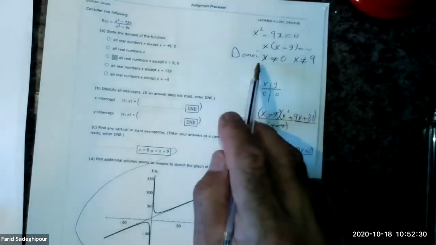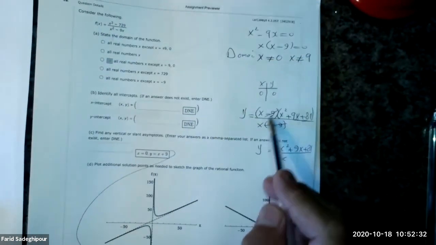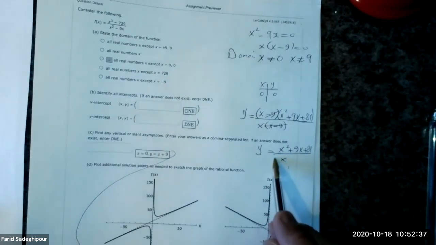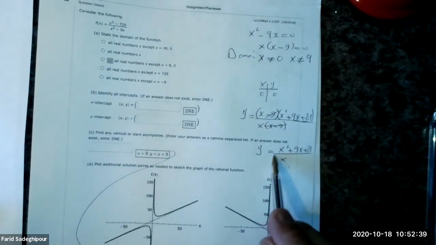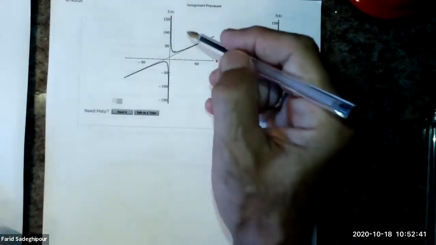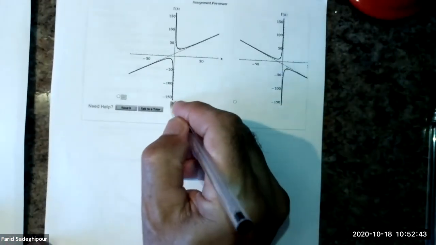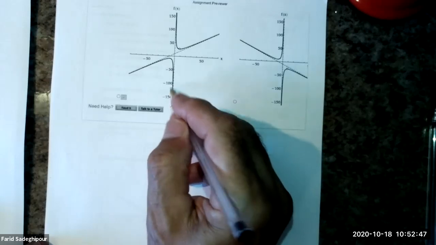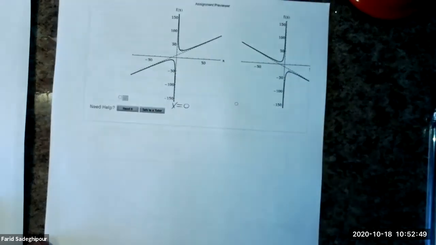But 0 and 9, you consider as a domain, but here they cancel. When it's canceled, the only thing left is x. So the only asymptote is x equals 0, which is your y-axis, okay? So you have this, x equals 0, and also you have this slant.